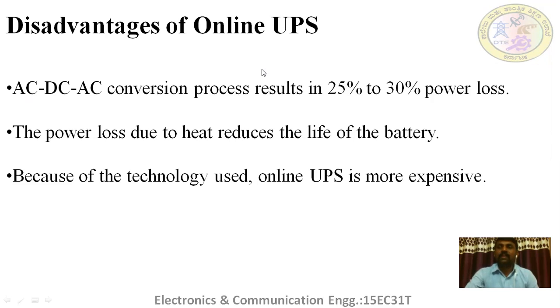We know that 100% efficiency is not possible with electronic circuits. The second one, the power loss due to heat reduces the life of the battery. Power loss in the UPS circuit or in the mains reduces the battery life.